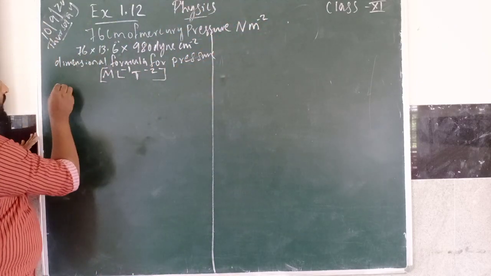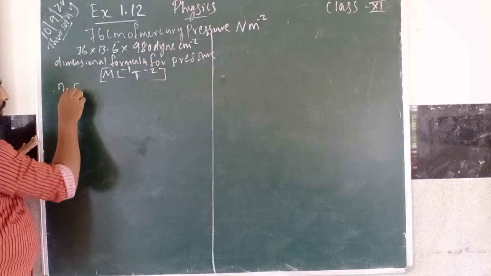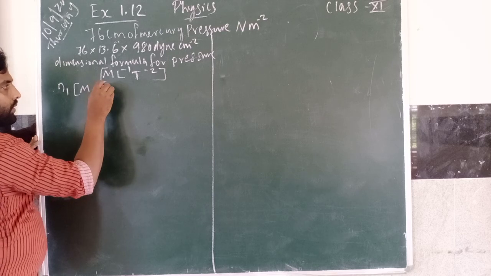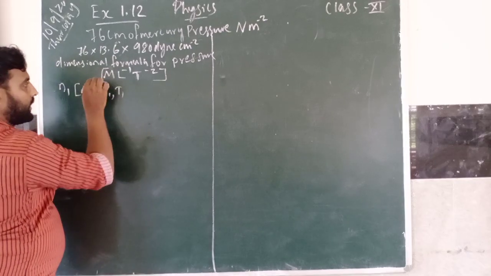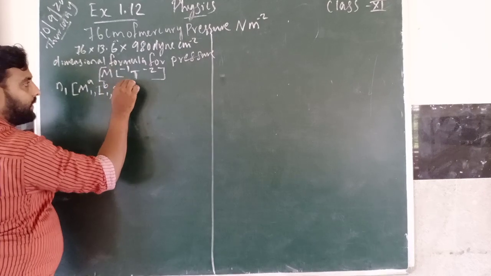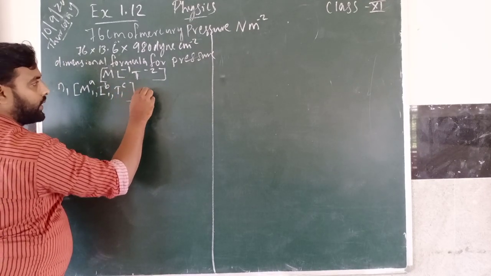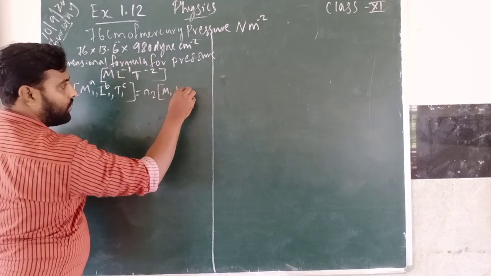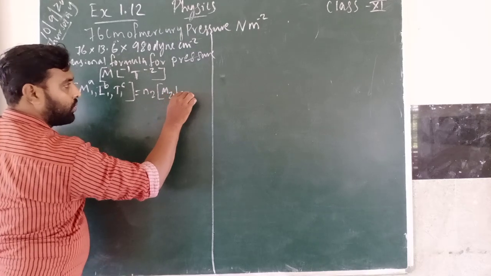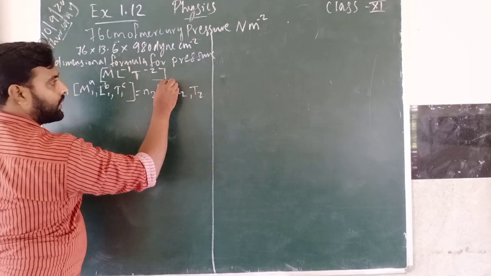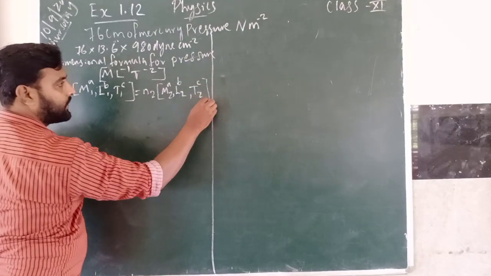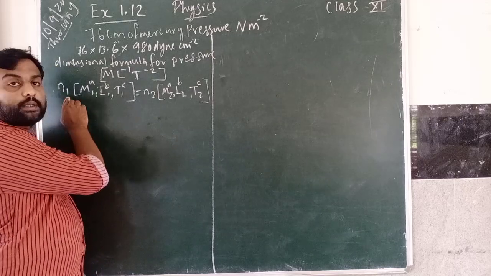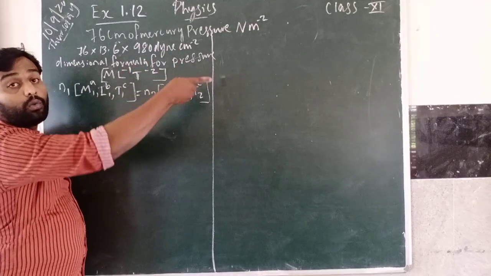For that you have to write the formula n1 [M1 power a, L1 power b, T1 power c] equals n2 [M2 power a, L2 power b, T2 power c]. Here we take this as pressure 1, and this is pressure 2, which we want to find out.